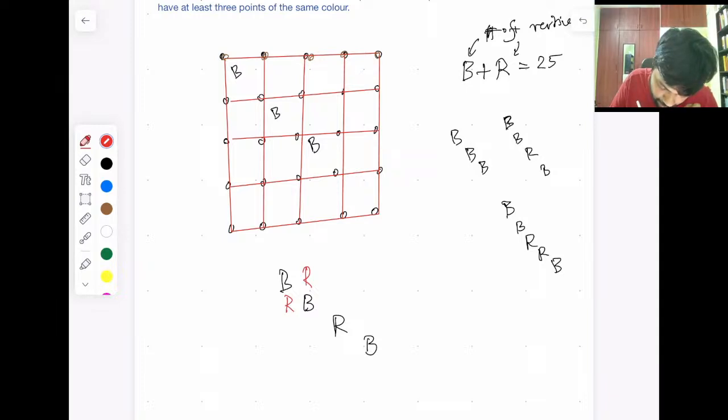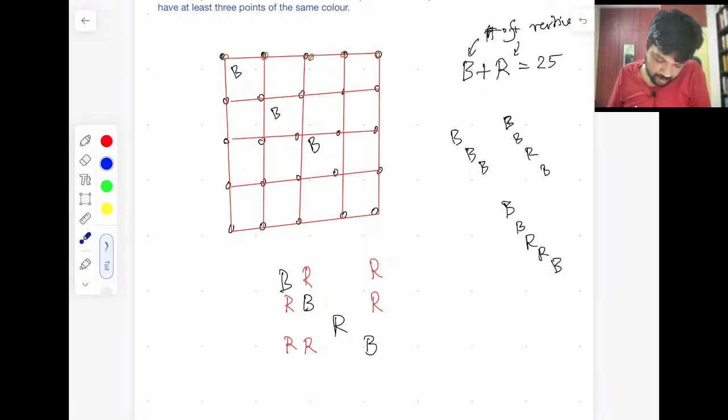Then red, red, and red, red. Can we see 3 reds in a single box? No, not yet, I think. Maybe this blue red will force. Okay, that I can't tell actually.